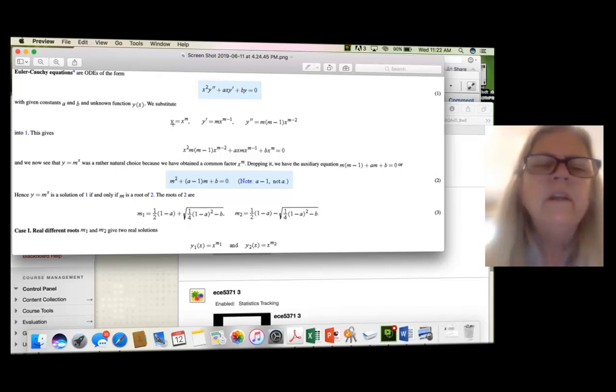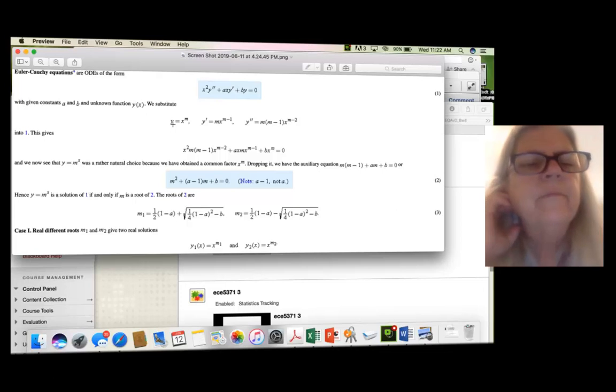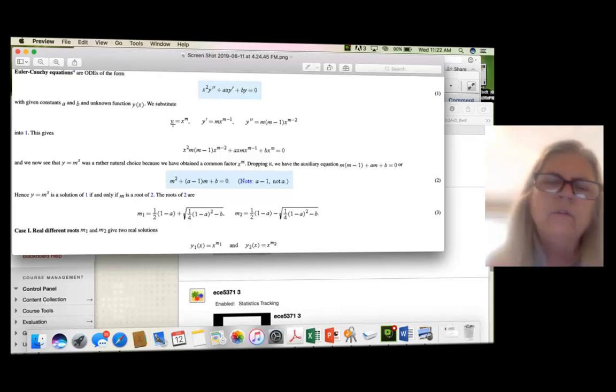And then basically the assumption is that y is some x to the m, and then you get y prime and y double prime. You substitute that back into the equation, and you get an auxiliary equation that looks like this, that can then be rewritten here.